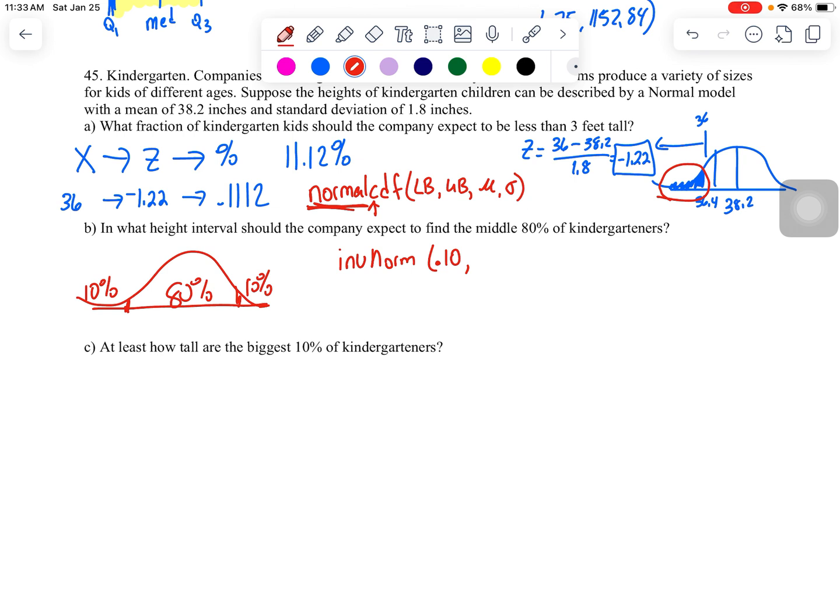I'm going to do this one on my phone. 0.1, 38.2, and 1.8. Gonna enter that. Pretty crazy. 35.89.